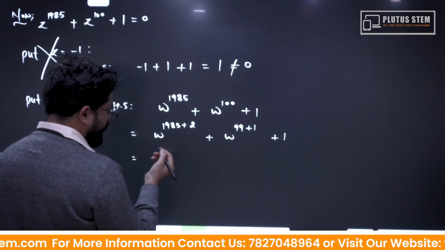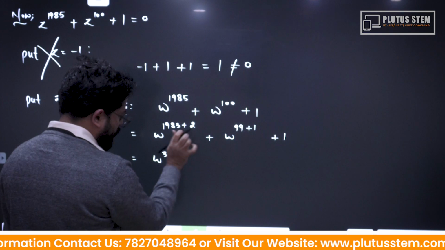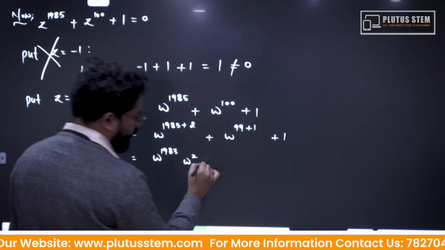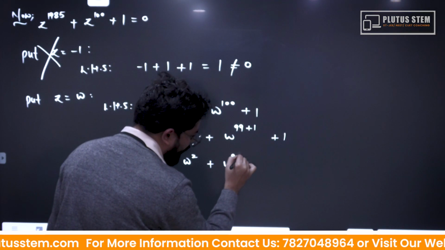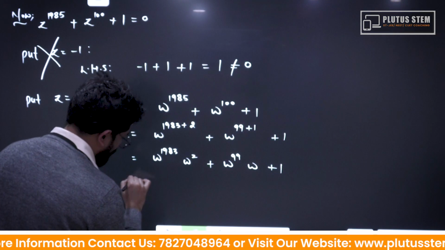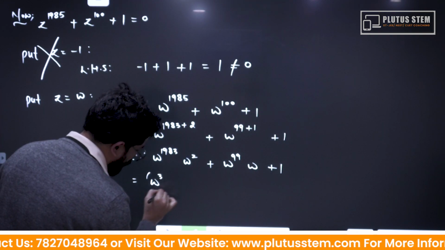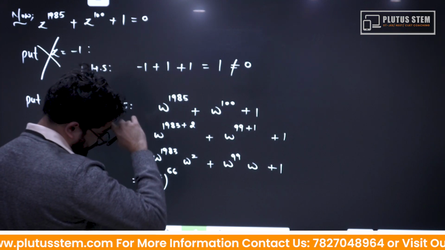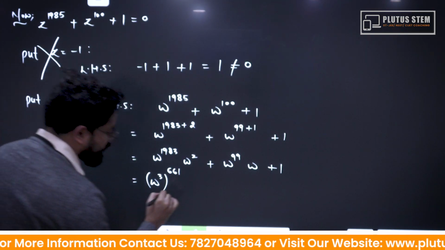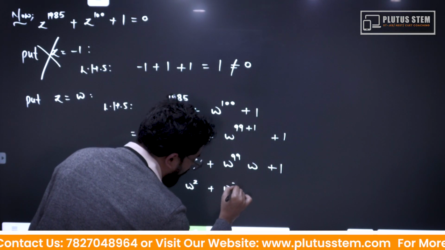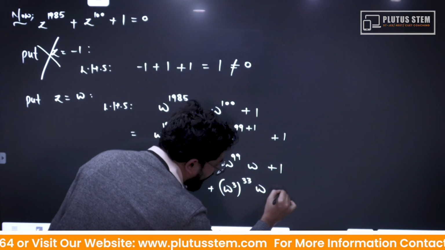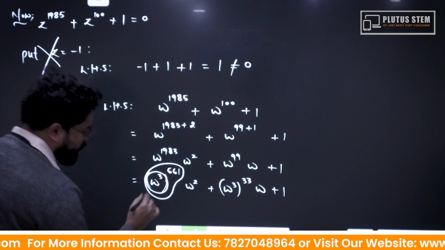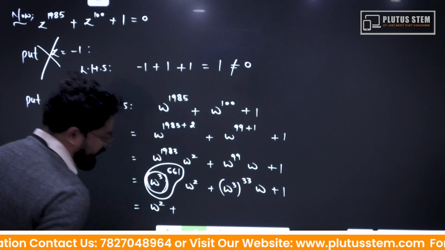So this is omega power 1983 into omega square, applying the properties of exponents, plus omega power 99 into omega, plus 1. This can be written as omega cube to the power 661 into omega square plus omega cube to the power 33 into omega plus 1. Omega cube is 1 and 1 power 661 is 1, so that quantity is omega square.